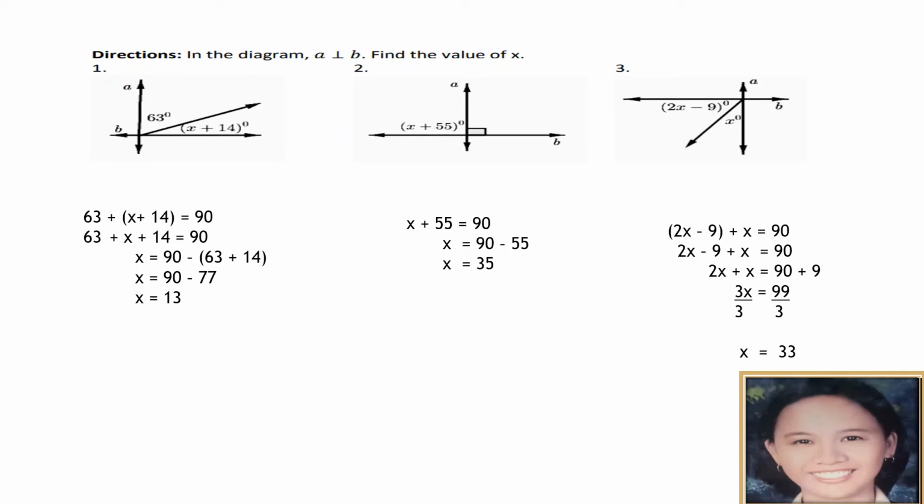So we have 2x plus x equals 90 plus 9. Adding 2x plus x gives us 3x, and 90 plus 9 gives us 99. Then applying the division property of equality, we divide both sides of the equal sign by 3. 99 divided by 3 gives us 33. So the value of x in number 3 is 33.